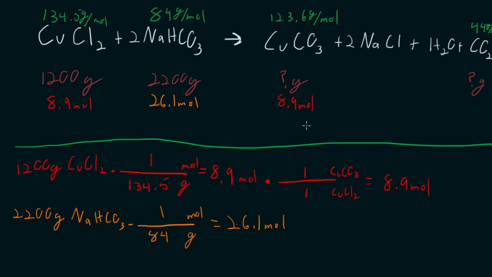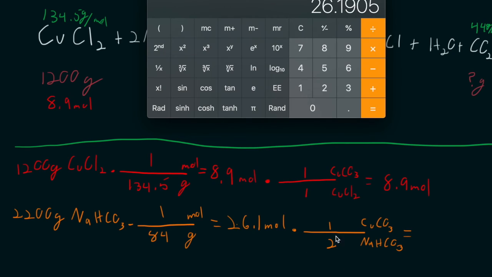All right. And then let's go from 26.1 moles of sodium bicarbonate, NaHCO3, to copper carbonate. And so it's going to be a 2-to-1 ratio. So 26.1 divided by 2. It's going to be 13.05.